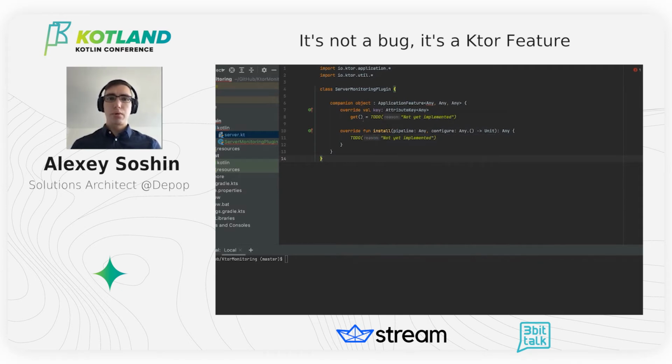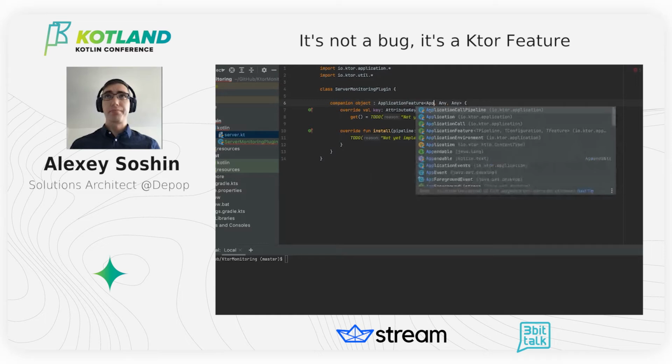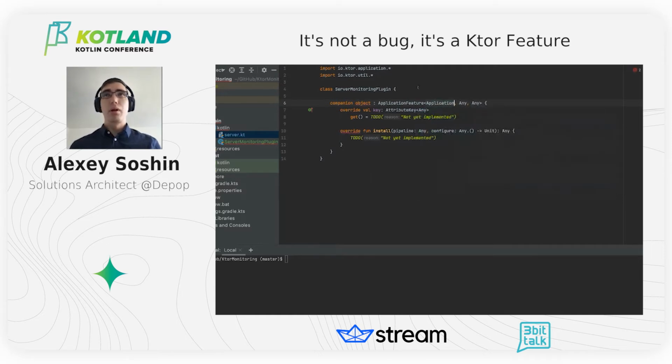First, let's try to understand what the goal of that part is. The way it works is that we need to operate on something, and that something will be an application. We also need to return our plugin. That's the third type we take.